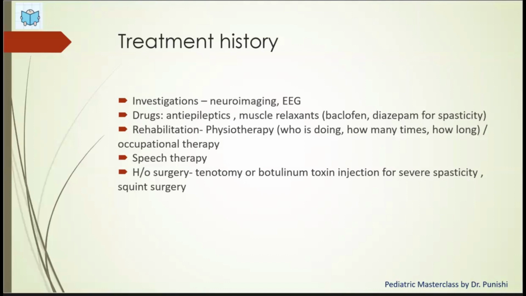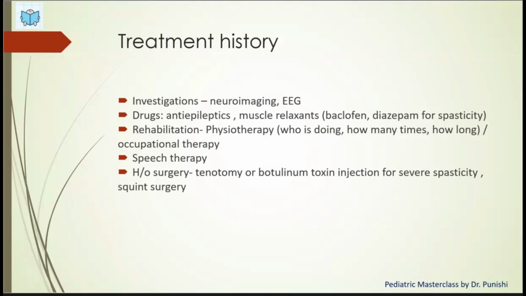How many times is it being done? Let's say the mother says, I do it twice at home every day, and each time I do it for 10 minutes. So you need more specific details about the type of physiotherapy, who's doing it, how long, and how many times a day, to be able to judge whether it's adequate for the kind of involvement the child has, or whether the child needs more aggressive, more intensive therapy.